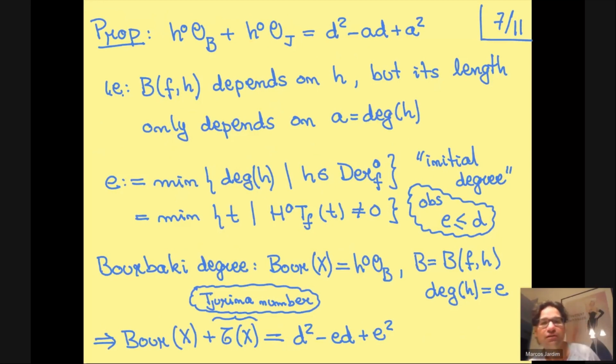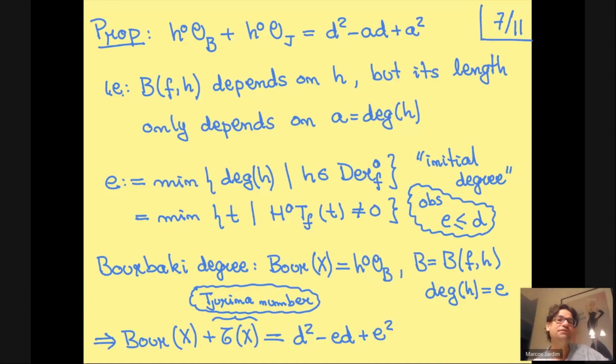And one formula that you can show, which is actually not very hard to see, is this: what I'm denoting here by H0 of OB, where OB is the structure sheaf of this zero-dimensional scheme, and the same for OJ. So H0 of OB and H0 of OJ are the lengths of these two zero-dimensional schemes, the number of points in the schemes B and J counted with multiplicity.